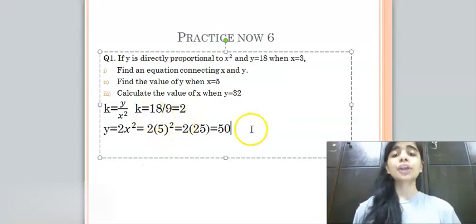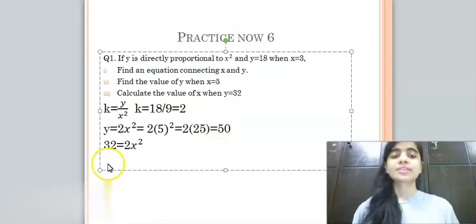Now the third part is asking me what is the value of x when y is equal to 32. So yes, I have to apply a similar approach. I will substitute this value of y in the equation. So this will be 32 is equal to 2x square. So 32 divided by 2 is 16.